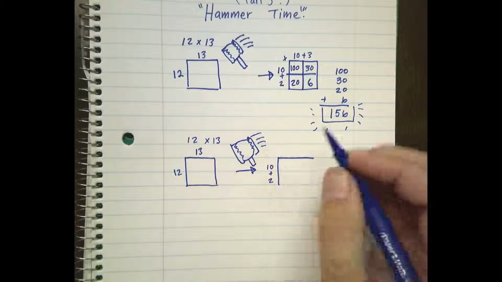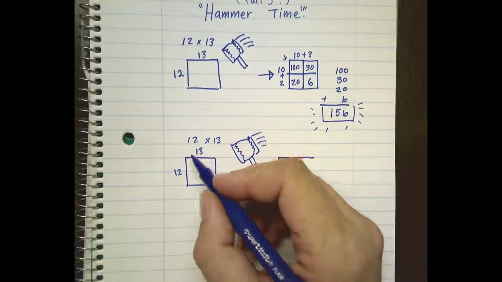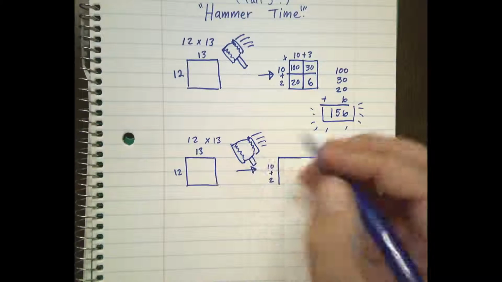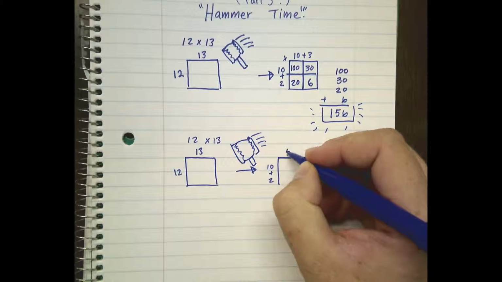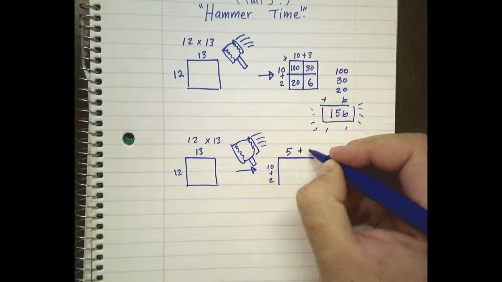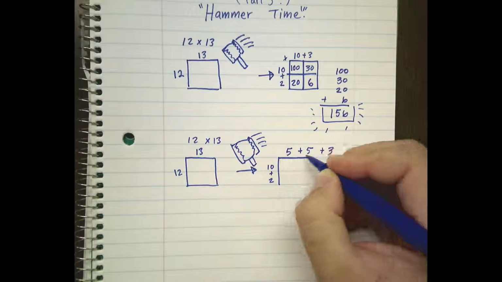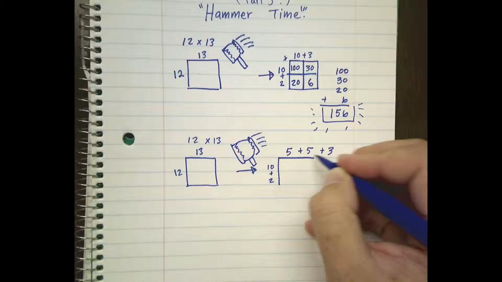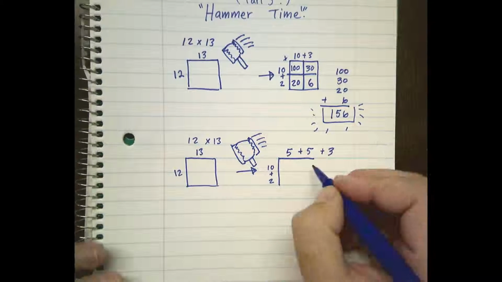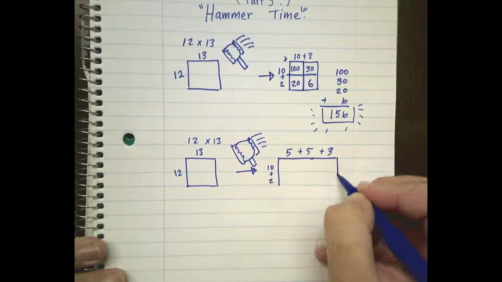And another way I can make 13 is, I can break that apart into even smaller numbers. Let's say it's like 5 plus 5 plus 3, right? Because 5 plus 5 is 10, and then 10 plus 3 is 13. So you can break it apart even more if you want.